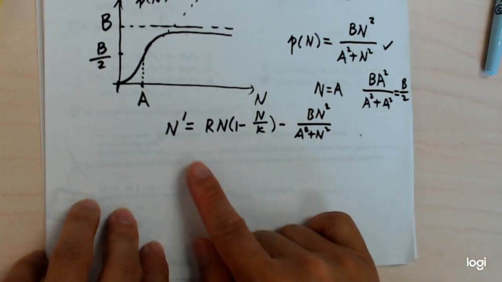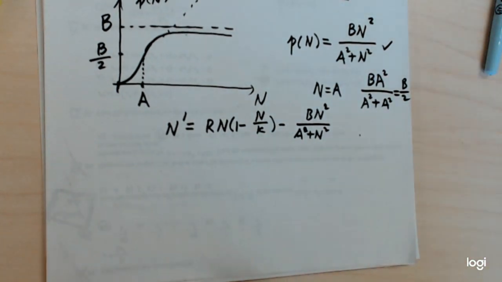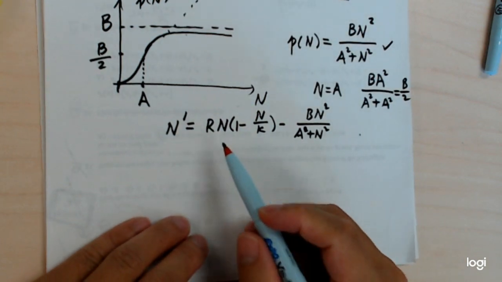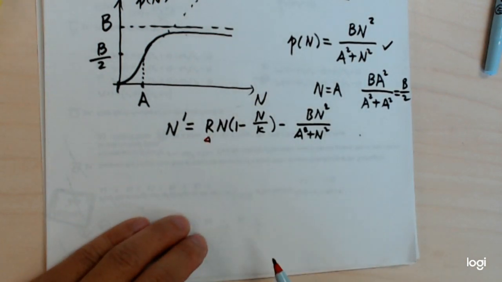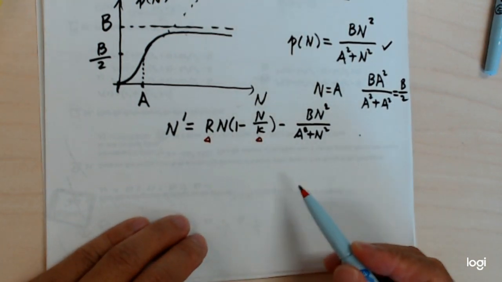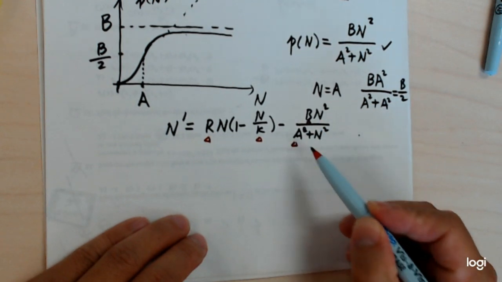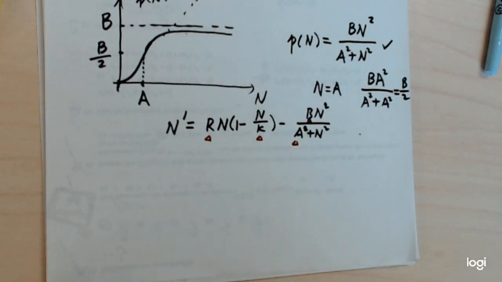Now, when we look at this single equation here, obviously there are quite a few parameters here. We have R, we have K, we have B and A. These are all positive parameters.